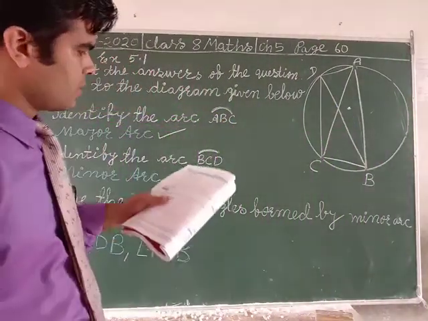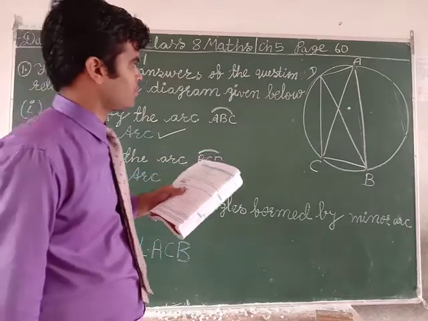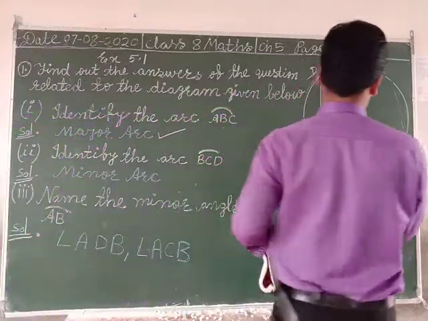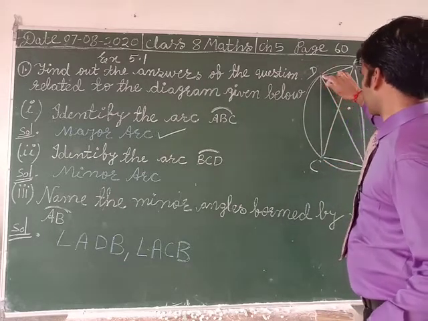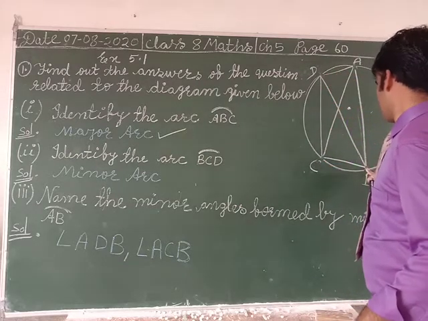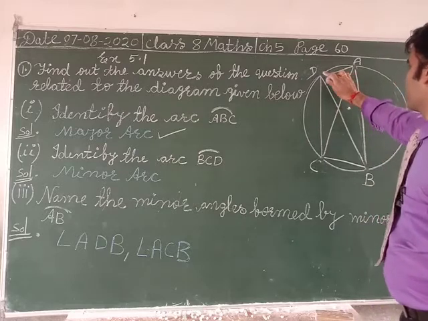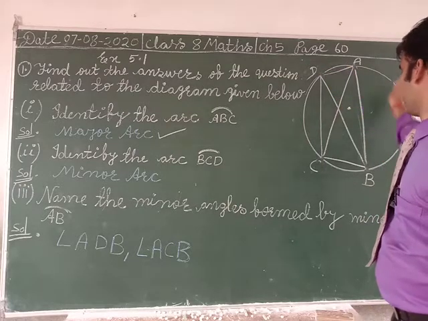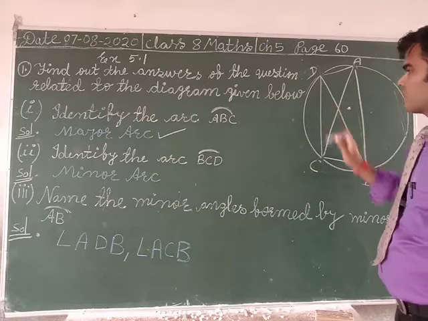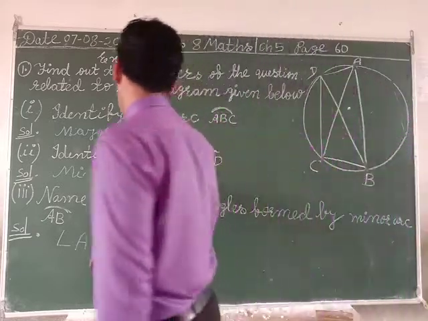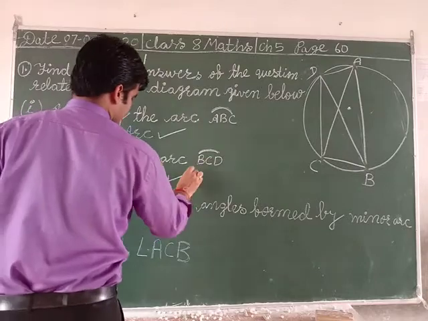Now we will see: identify arc BCD. Here DAB is bigger and BCD is smaller. Therefore, arc BCD is a minor arc.